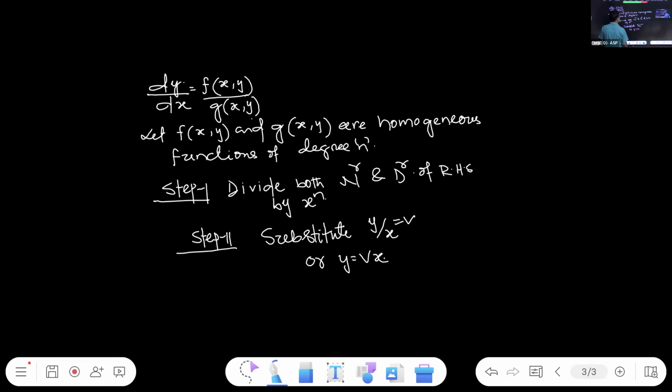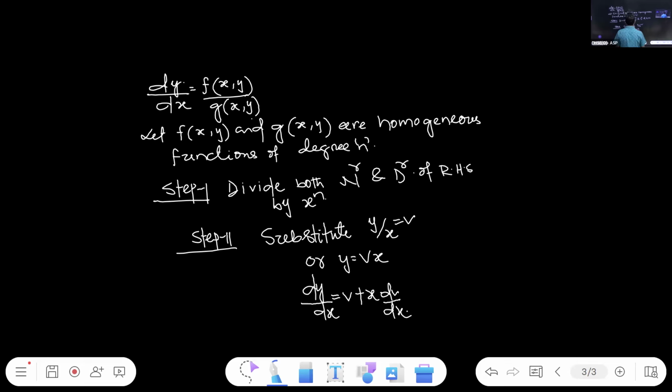Differentiating both sides by x, dy upon dx will be v plus x dv upon dx. So after the substitution, the equation will be reduced into variable separable form.